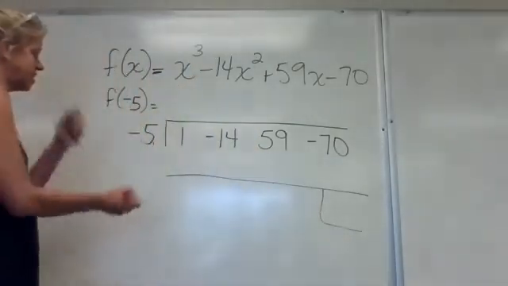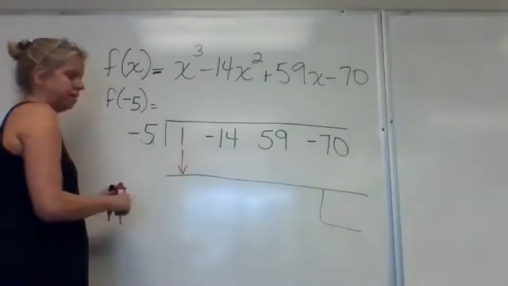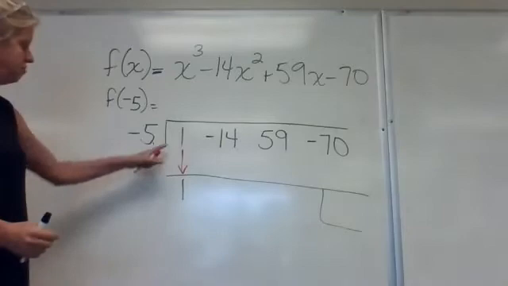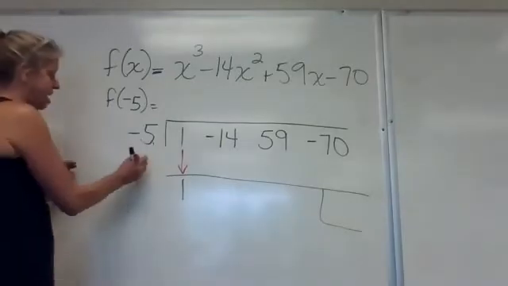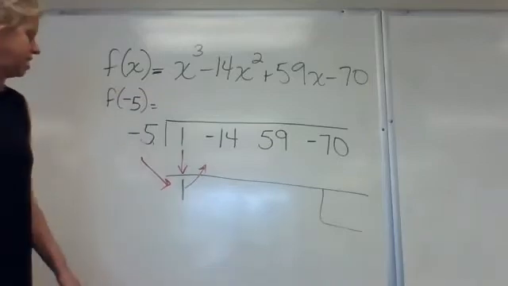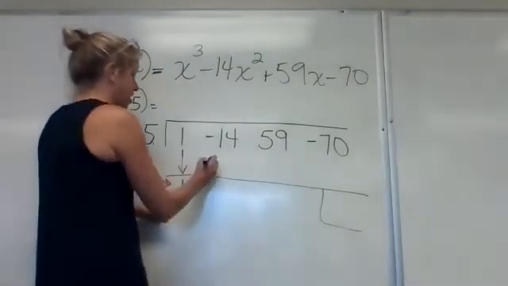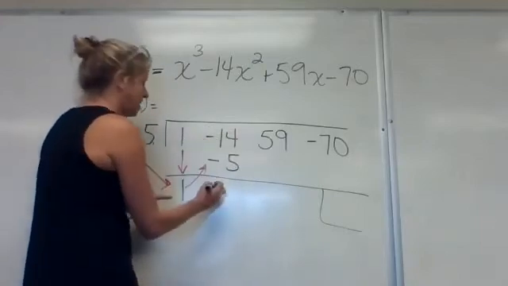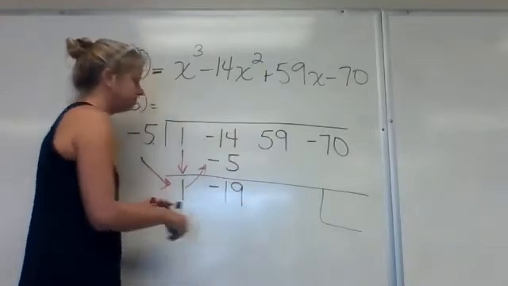So let's do the process again. Dropping down the 1. To give me a starting point, -5 times 1. Put your answer underneath the next number. So -5 times 1 is -5. Combine these, -14 and -5 is -19.